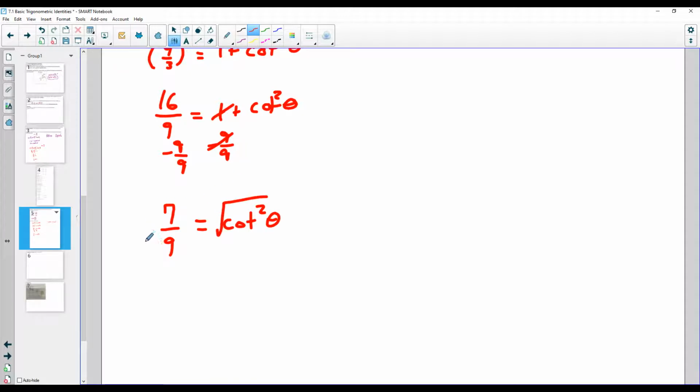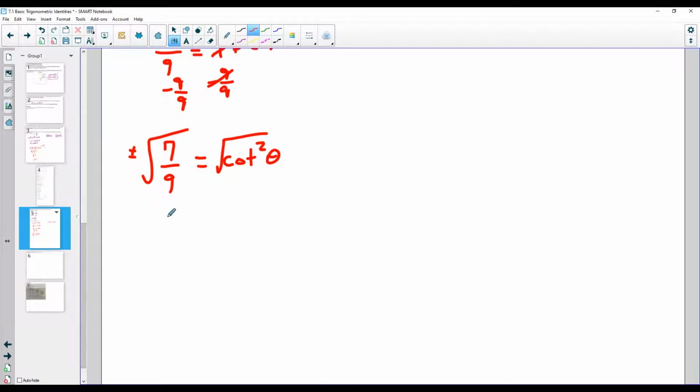Take the square root, take the square root. Whenever we take the square root, we have plus or minus. So then I get plus or minus the square root of 7 all over the square root of 9, which is 3, equals cotangent of theta.